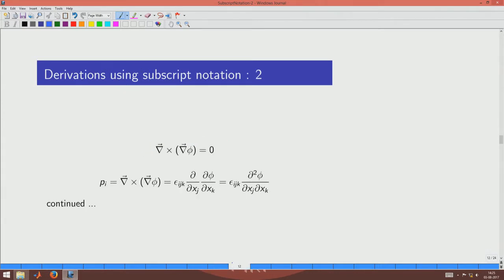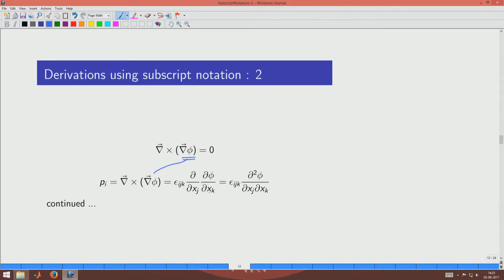Okay. So, here is a derivation again to show you that the curl of the grad of a scalar function is 0. And this can be proved as follows. Whenever you have something like that, you know that it is a vector, because phi is any scalar function, and the del operator is basically giving you a gradient. So, that must be a vector. That vector should have some index.